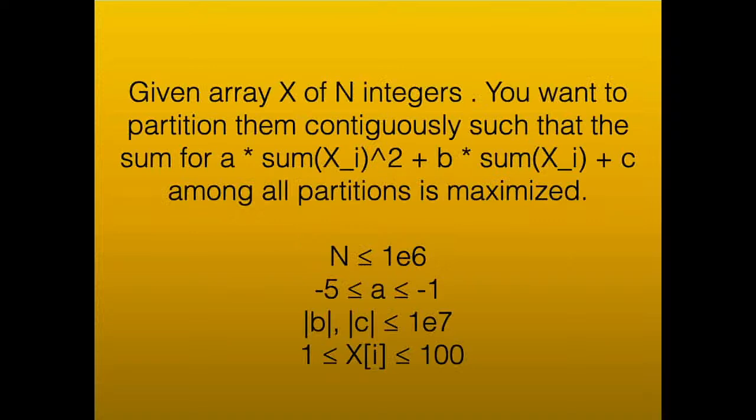So the problem is, let's say you're given an array X of n integers, and we want to partition it into contiguous sub-intervals, such that each partition has a score, and the sum of the scores of the partitions is maximized. The score is A times the square of the sum of the elements, plus B times the sum, plus C, where A, B, C are given constants. And this is the constraint.